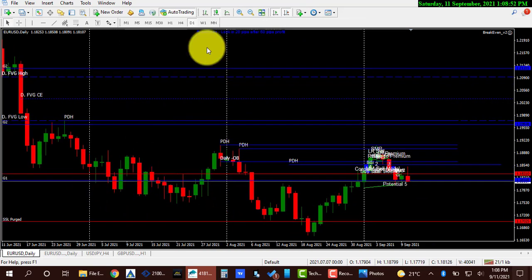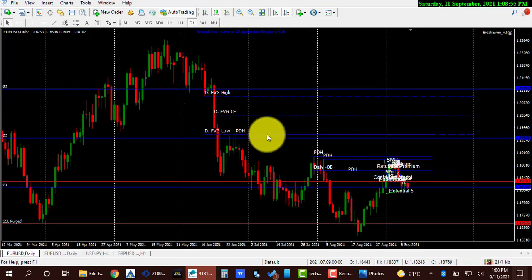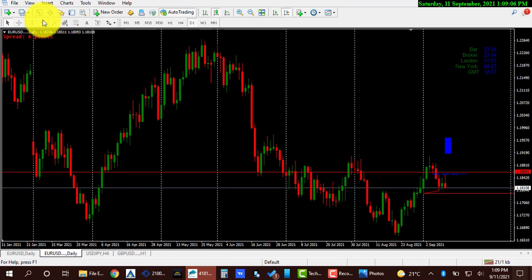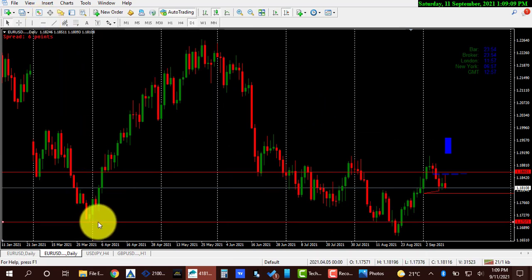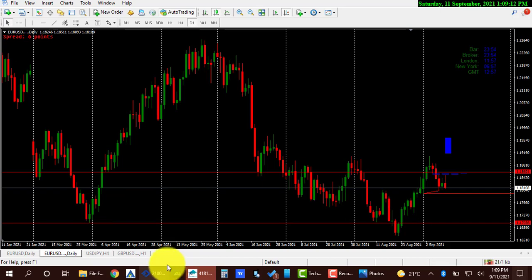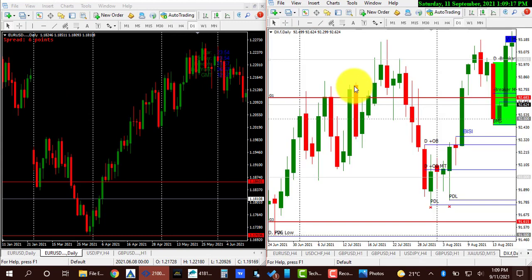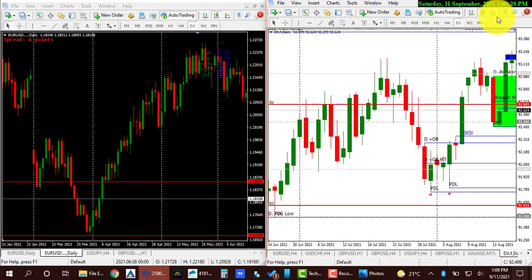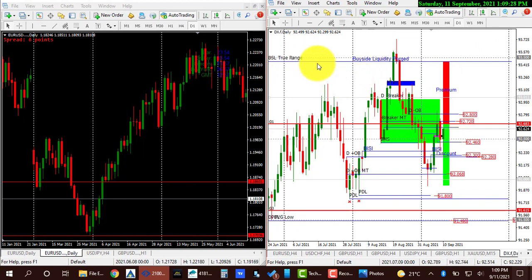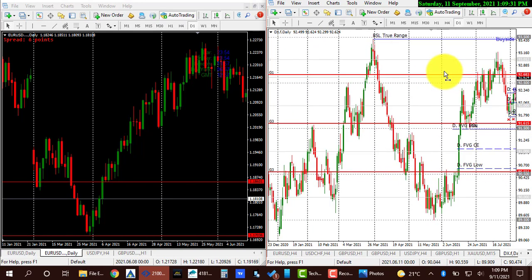As we were expecting lower prices for the dollar index, you should be expecting higher prices for the euro, and we see price take out this low over here at the time that the dollar index took out the buy side liquidity over here.